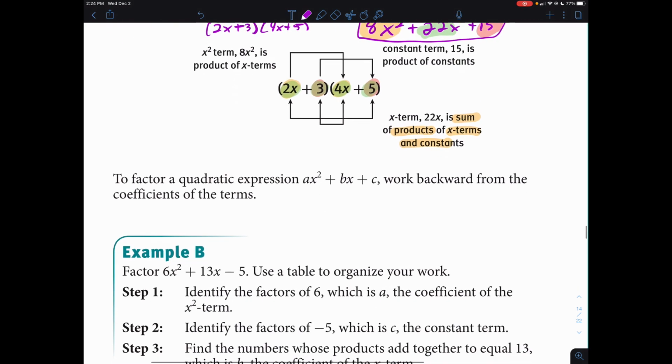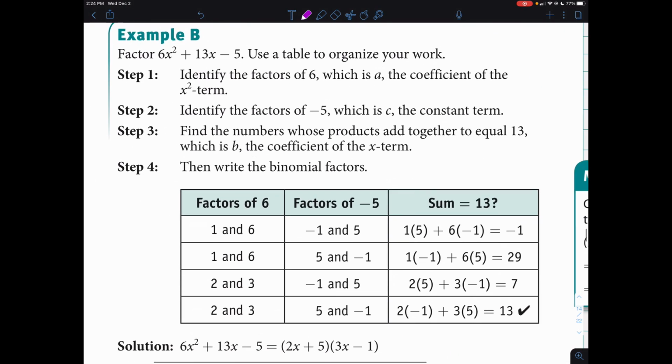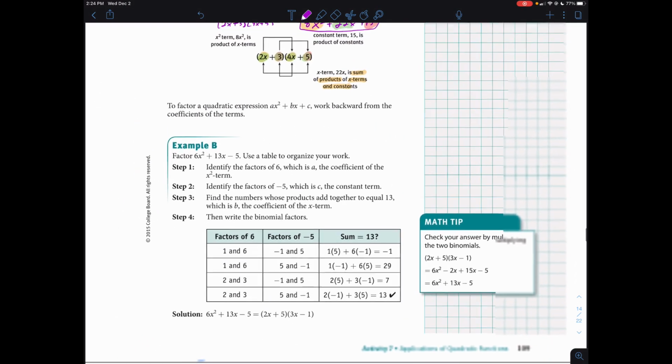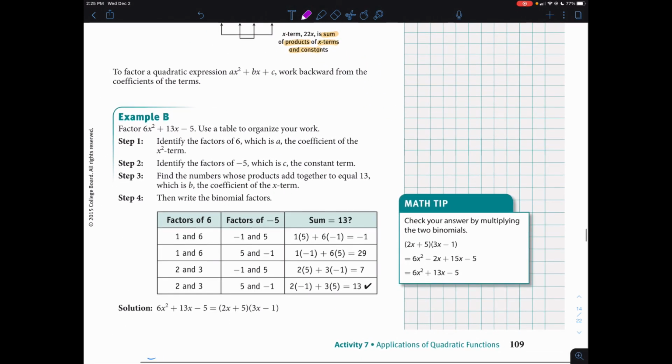So, in order to work this out, and like I said, I'm going to do this a different way, okay? I'm going to use the same ideas that we've been working with. So we're factoring 6x squared plus 13x minus 5. Our a is 6, our b is 13, and our c is negative 5. And I'll make the table like we did yesterday.